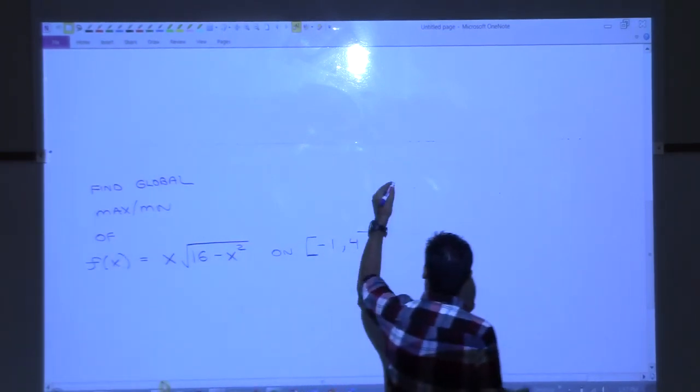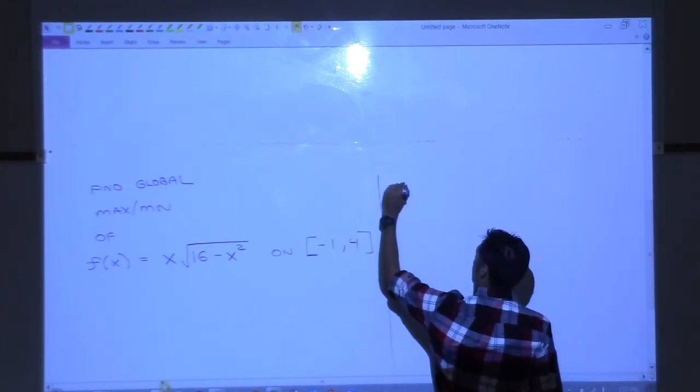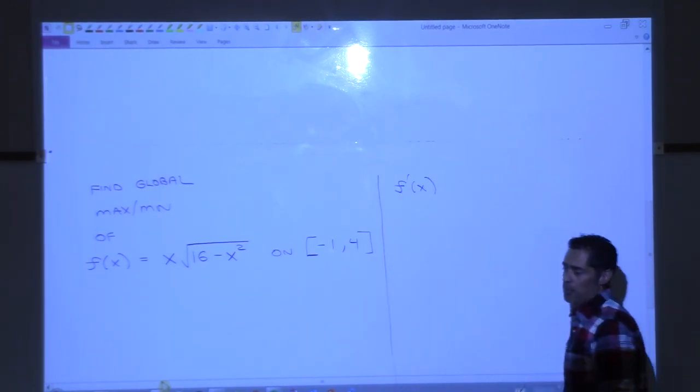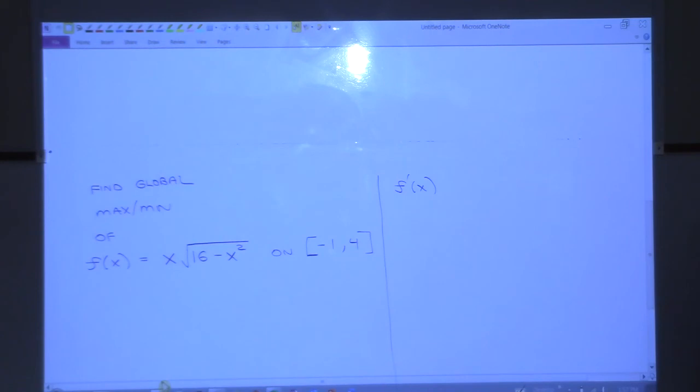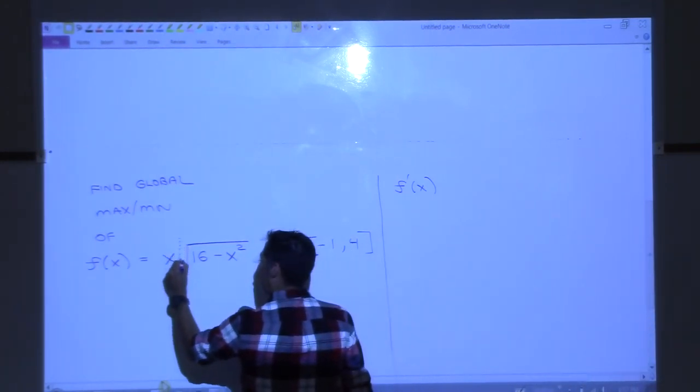Take the derivative and then set it equal to 0. So I'm going to need the derivative, right? Let's go ahead and just work on the derivative right now because I'm going to need it. And then I'll do step 1. So to take that derivative, product rule, right? You got to do your product rule.